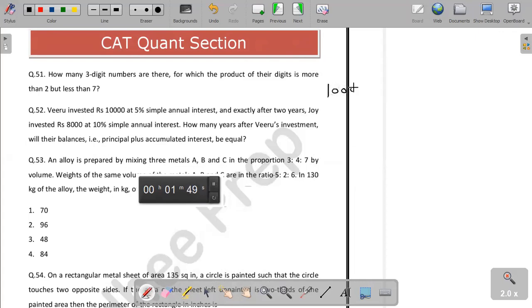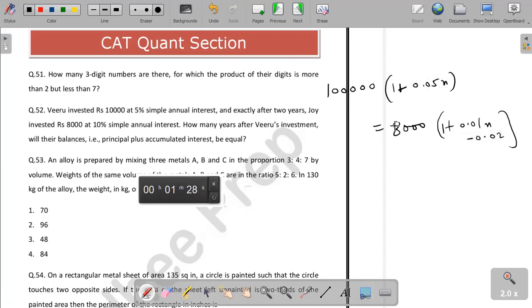So 1,00,000 times (1 plus 0.05 n) is equal to, 2 years later, right? So 8,000 times (1 plus 0.01 n minus 2, that is 0.02).